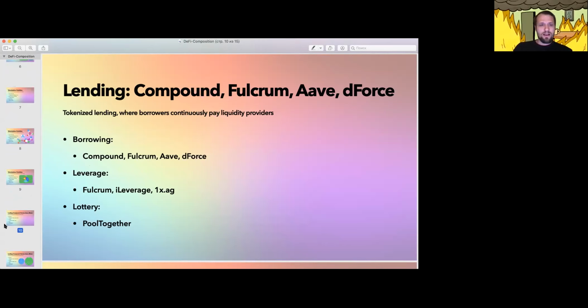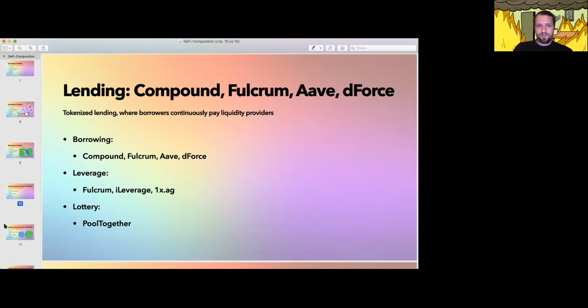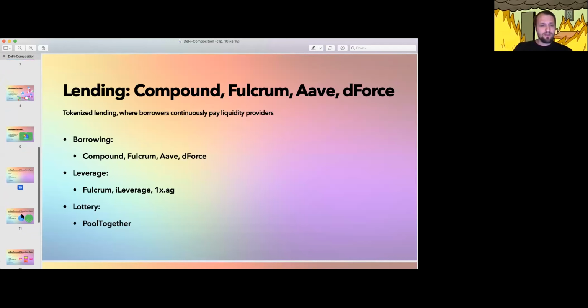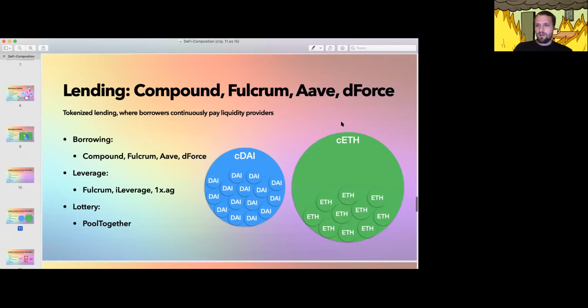So I see here 3 different types, as I said: borrowing, leverage, and lottery. And how usually lending behaves. There are some order book based lending protocols, but I don't include them since they're not quite useful, because if you have always different options for lendings and borrowings based on orders, you can't make this liquidity fungible among all the users.